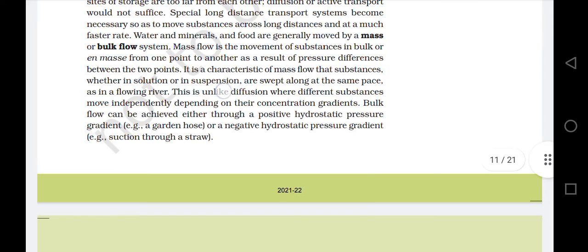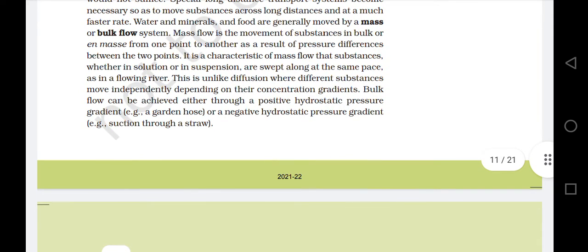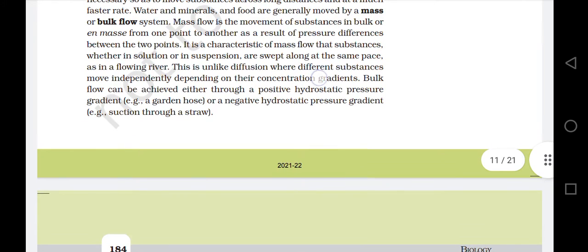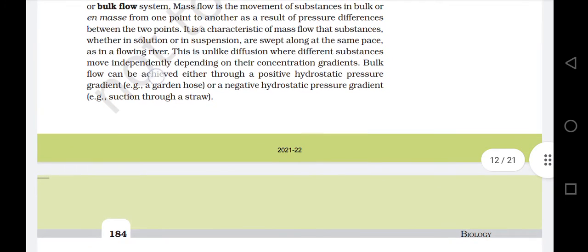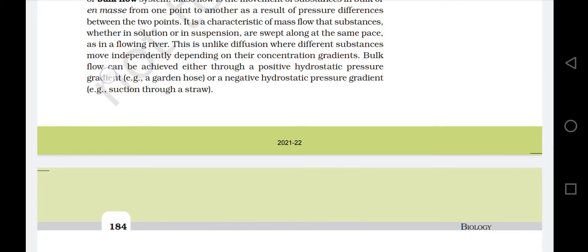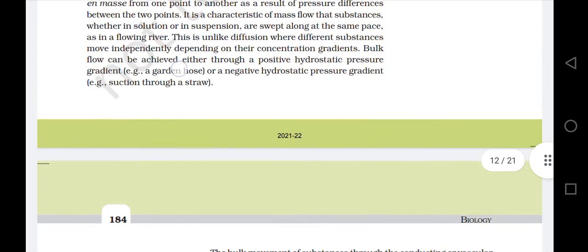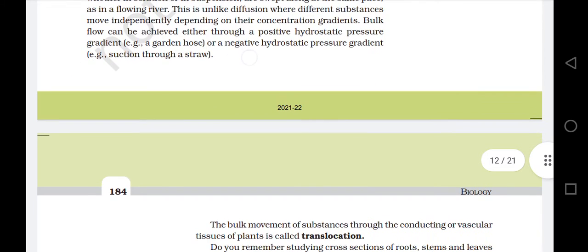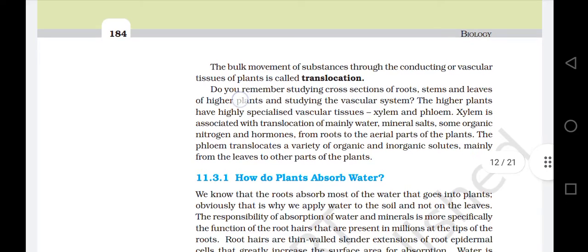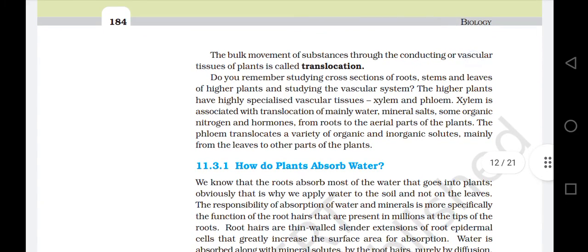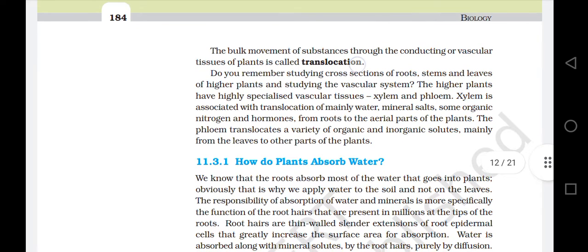This is unlike diffusion, where different substances move independently depending on their concentration gradients. Bulk flow can be achieved either through a positive hydrostatic pressure gradient, for example a garden hose, or a negative hydrostatic pressure gradient, for example suction through a straw. The bulk movement of substances through the conducting or vascular tissue of plants is called translocation.